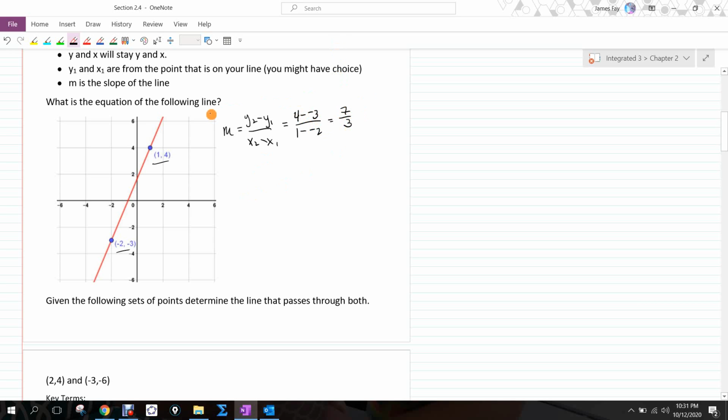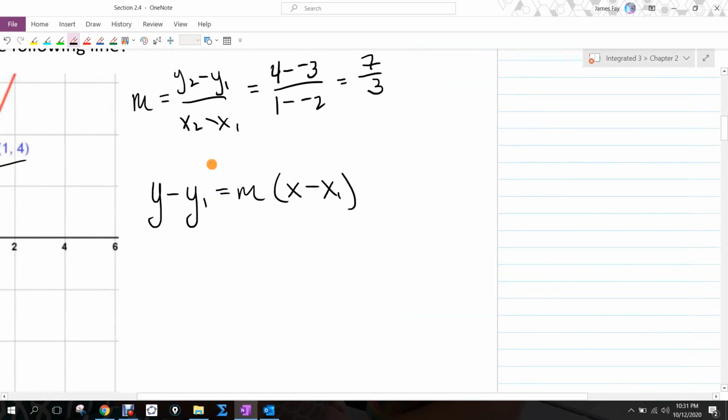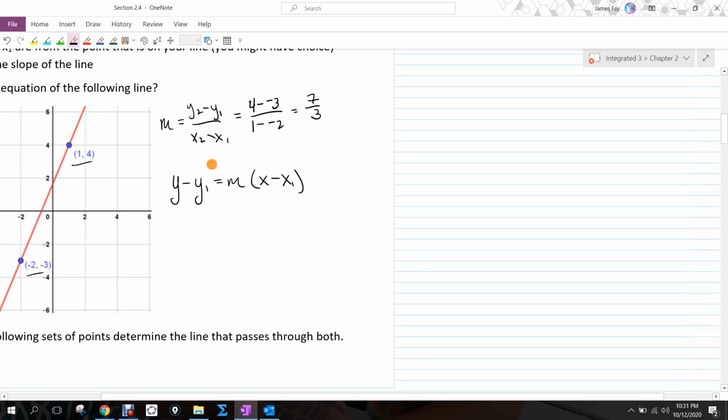Now if I want to write the equation, I just take this form, y minus y1 equals m times x minus x1, and I plug in my slope, which was 7/3. This x stays x minus.